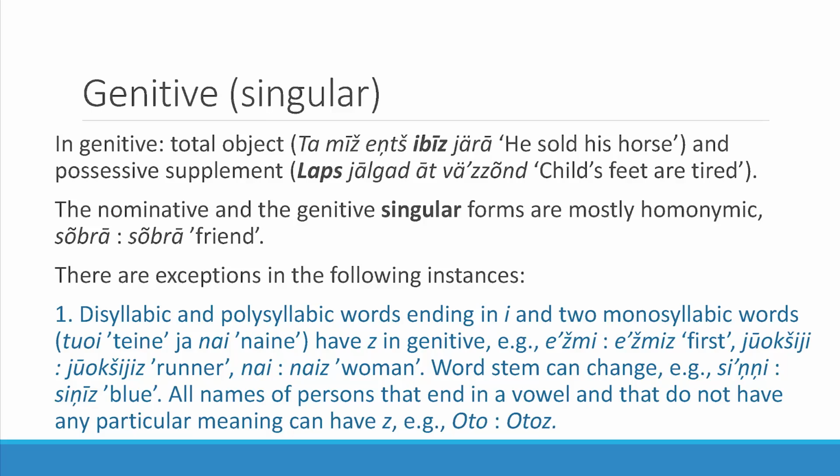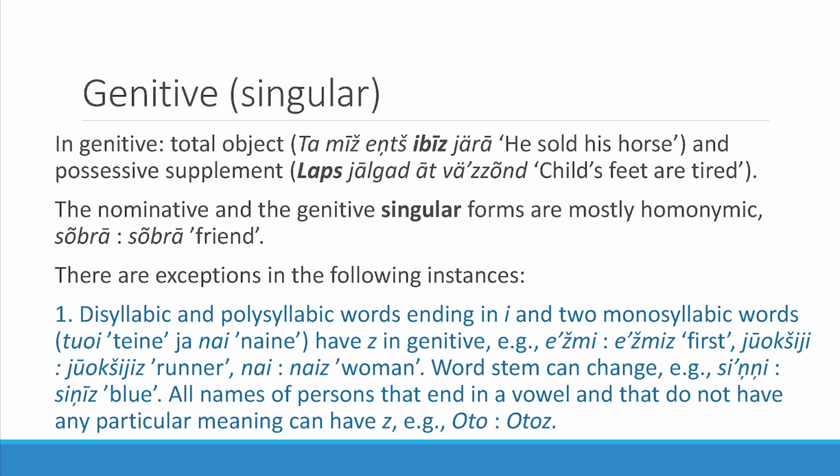So the genitive is the case of the total object and the possessive complement. So it's similar to that of Estonian. For example, in the brackets, he sold his horse, Damij and ibis yara, where the words involved are in the singular genitive, or the child's feet are tired, laps jalgad väsend.